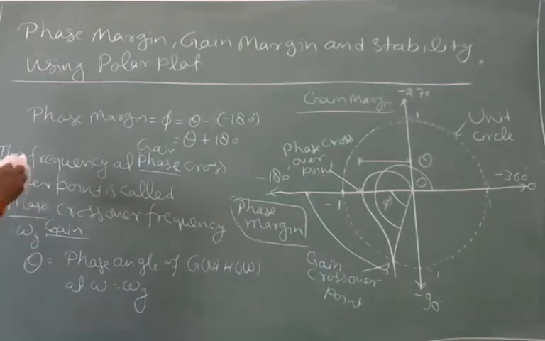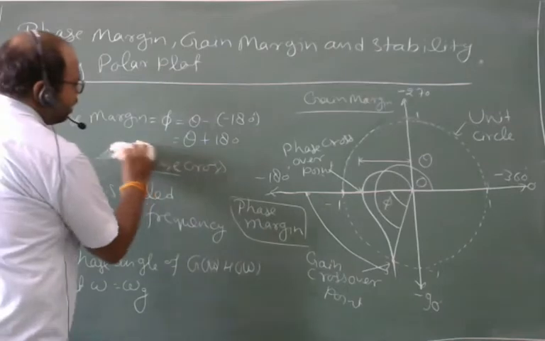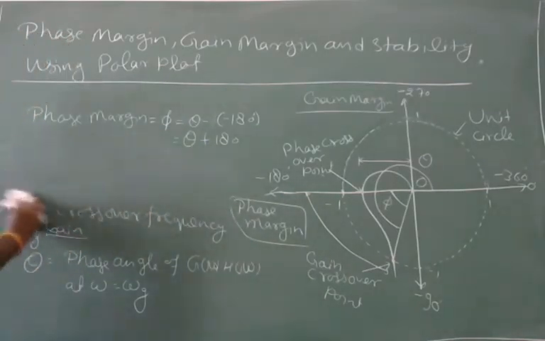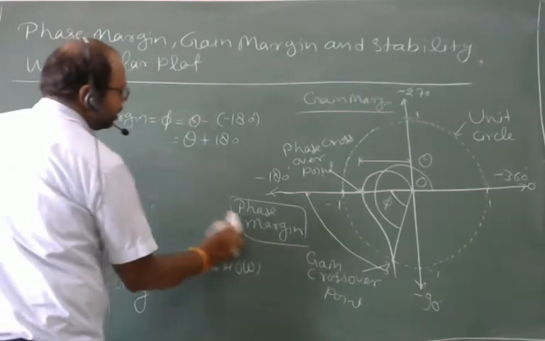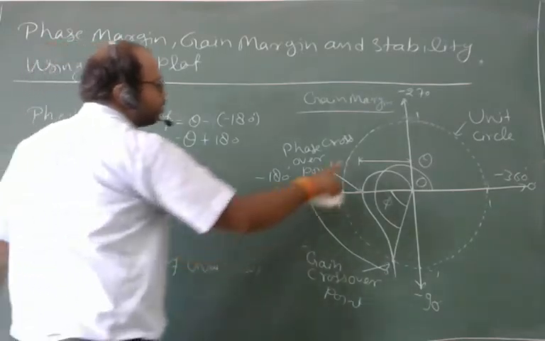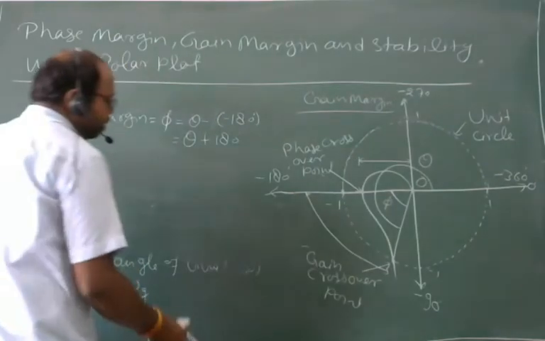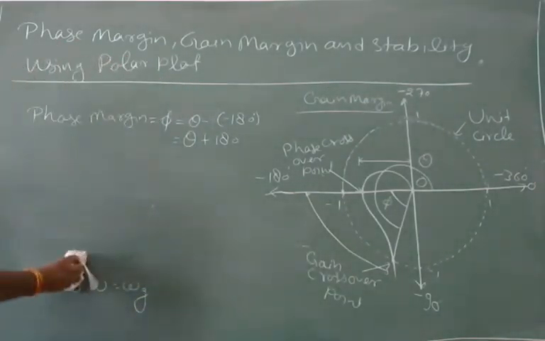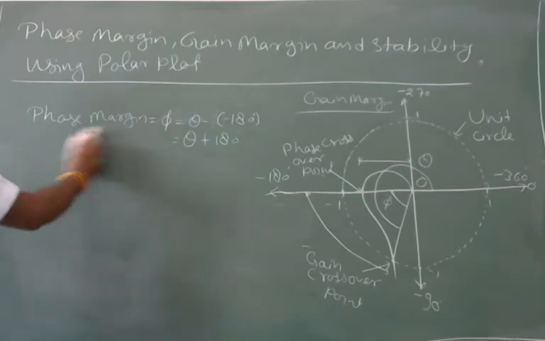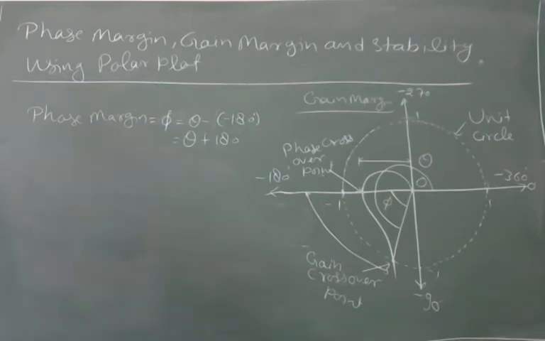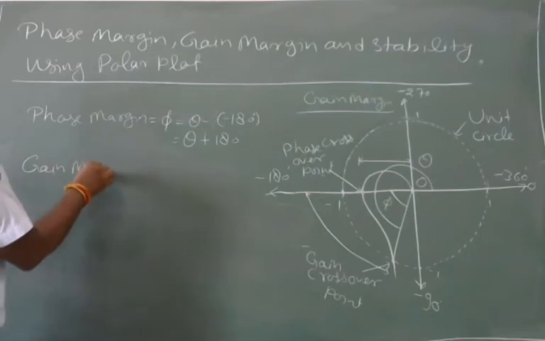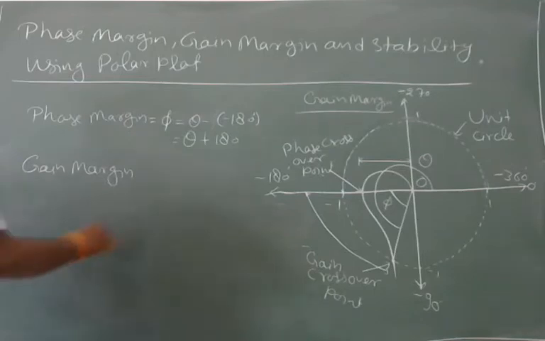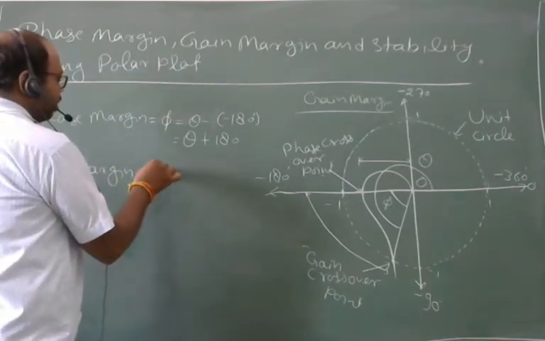So what will be the gain margin? Gain margin is the value of the inverse of this magnitude in dB, right? What is gain margin, GM?